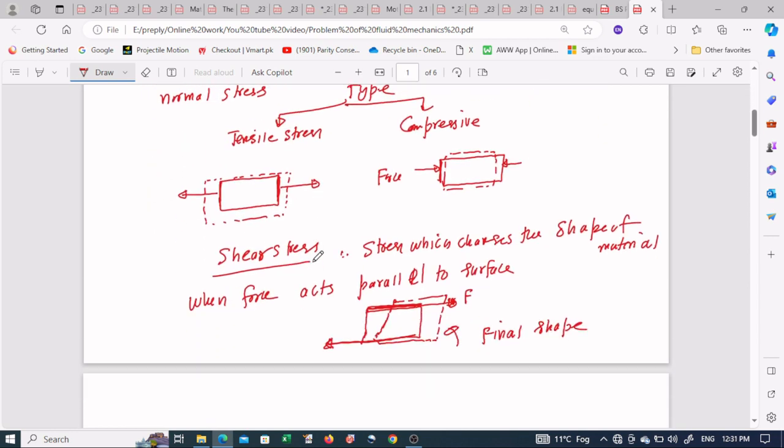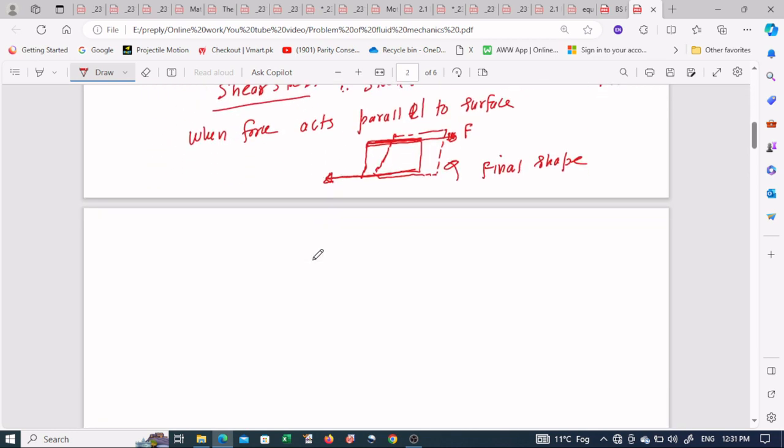The equation for stress: normal stress is equal to normal force divided by area. Normal force is F sine of 65 degree divided by area, and as the plate is square, the area is 0.75 feet square.